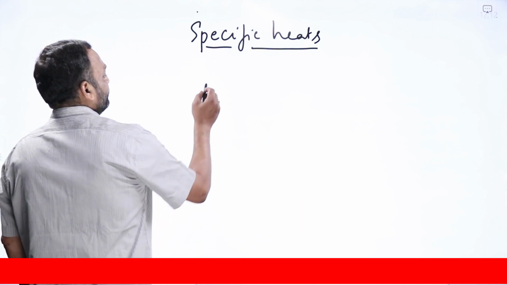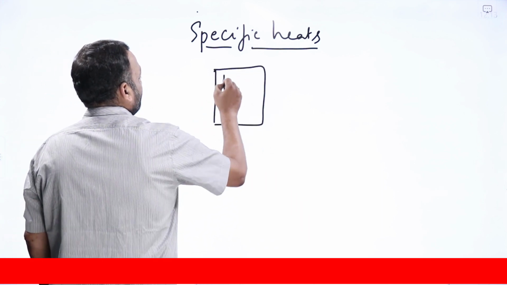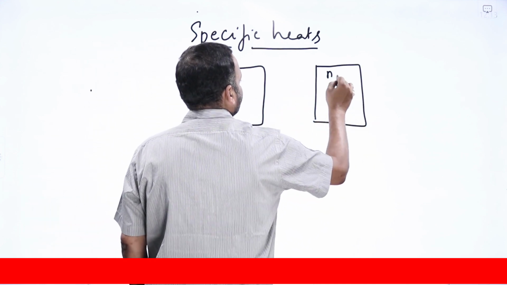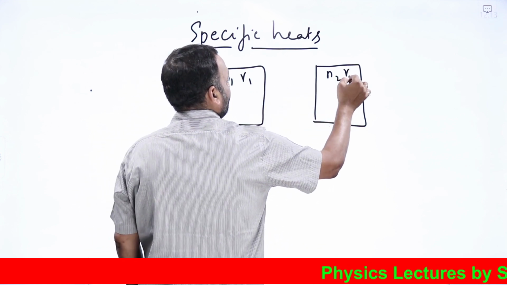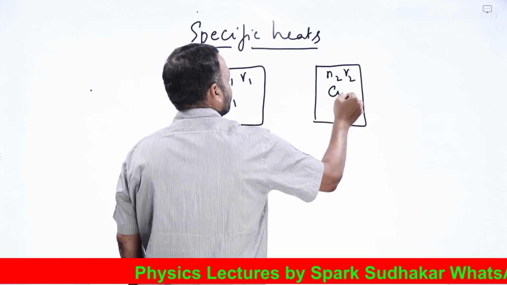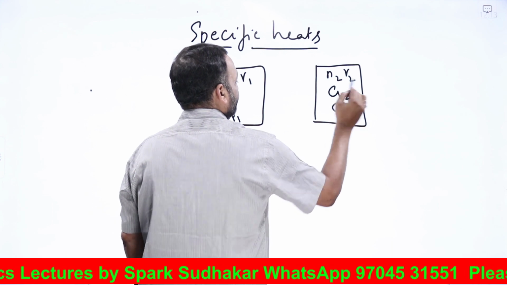Okay, so in general, you take two gases. N1 moles of one gas is there, N2 moles of another ideal gas is there. This one's gamma value is gamma 1, this one's gamma value is gamma 2. Here it is CV1, here it is CV2, here it will be CP1, here it will be CP2, say.